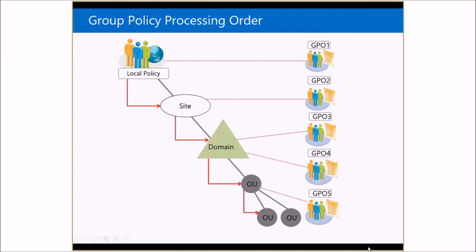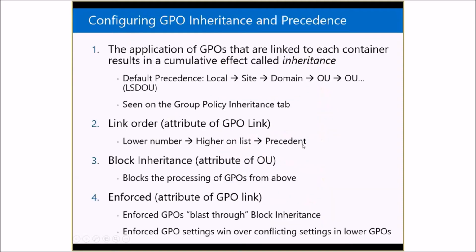So obviously, if I say paint the walls red here, and I say paint the walls green here, because this comes later, the walls when I see them will be green, right? You guys get that? So this is the order, LSDOU. Try to remember that, because you'll find that you'll have some questions like this in the test. That's the order by default if all things are equal.